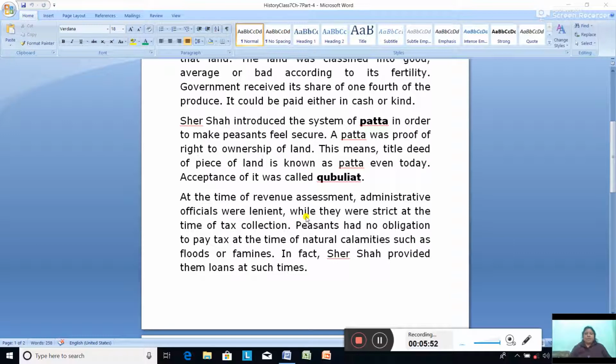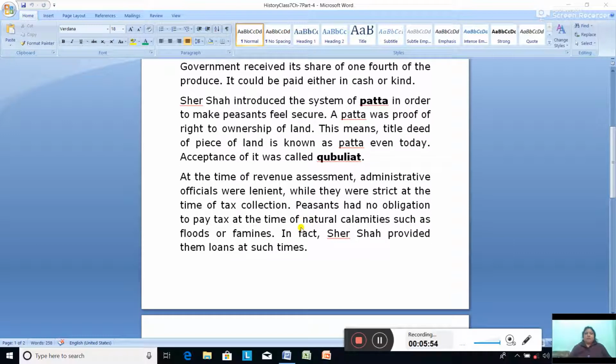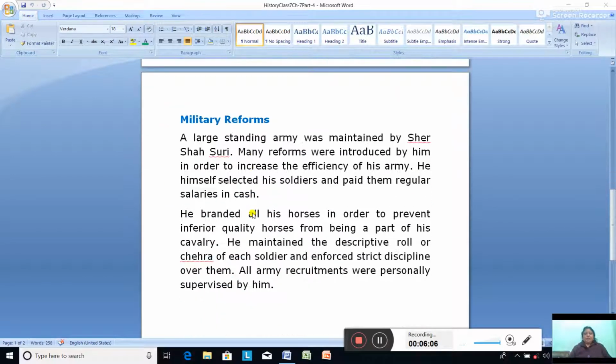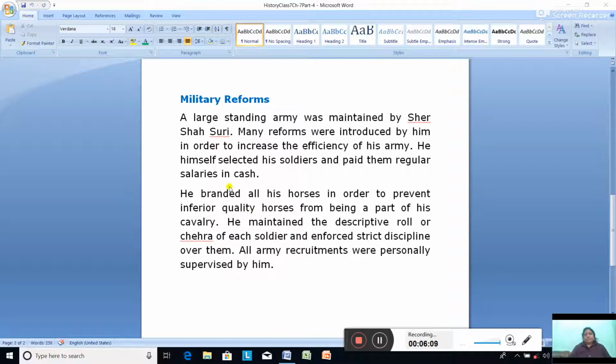But during natural calamity, it was not compulsory to pay tax, and at the same time he provided loans. Next you have military reform.